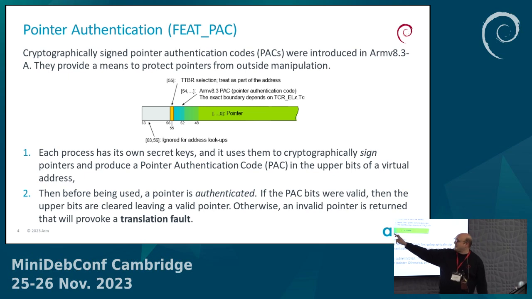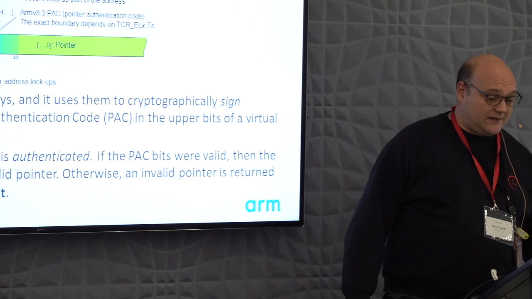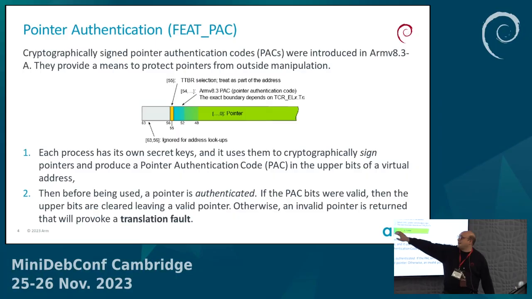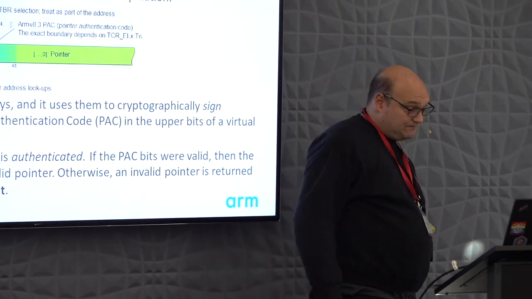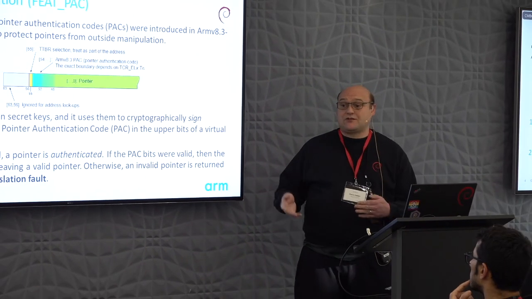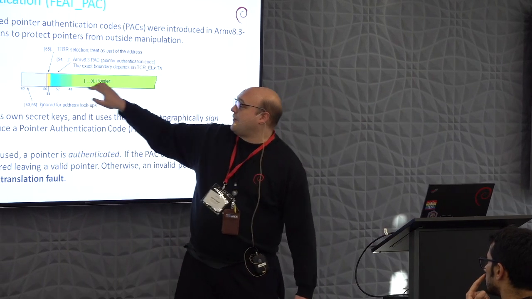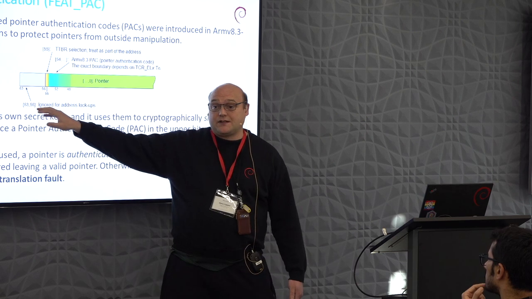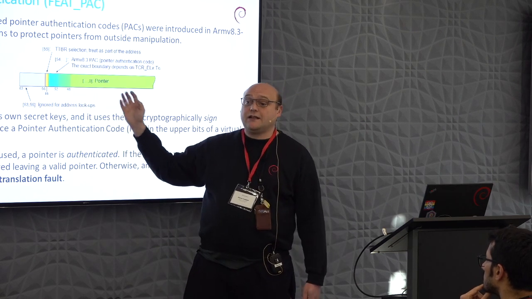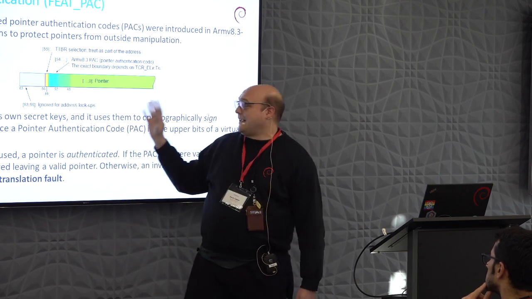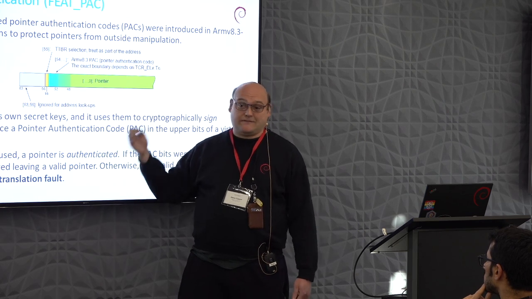We've got some space here, and so what we do is the signing instruction will throw some extra data in here as a signature. So the idea is, when you want to use the link register again afterwards, you check the signature, authenticate it against the rest of the pointer. If the authentication passes, you get a pointer that works. If the authentication fails, you get absolute gibberish in the entire pointer and an immediate translation fault or program crash.